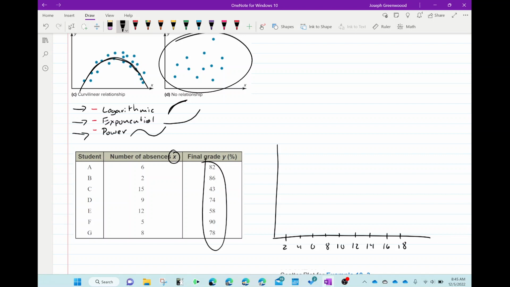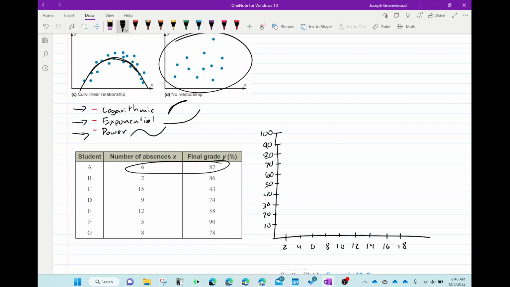And then my grades here, I go from a 43 all the way up to a 90. So I'm going to count by 10s again: 10, 20, 30, 40, 50, 60, 70, 80, 90, and we'll go up to 100. And we're going to really quickly plot these points.